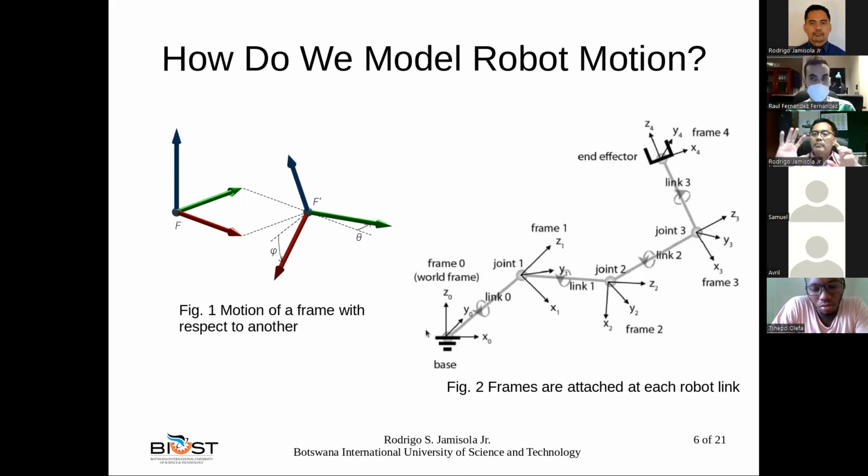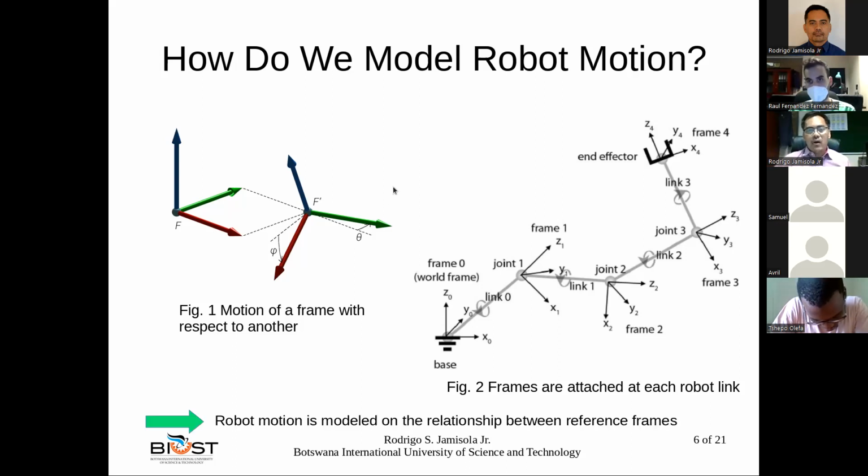So the most critical part is the movement of one frame with respect to the other. This is what we are really trying to find. If we can do that, everything else can be governed by mathematical equations. We can move the end effector, we can combine two robots, everything else. That's what I wanted to emphasize.